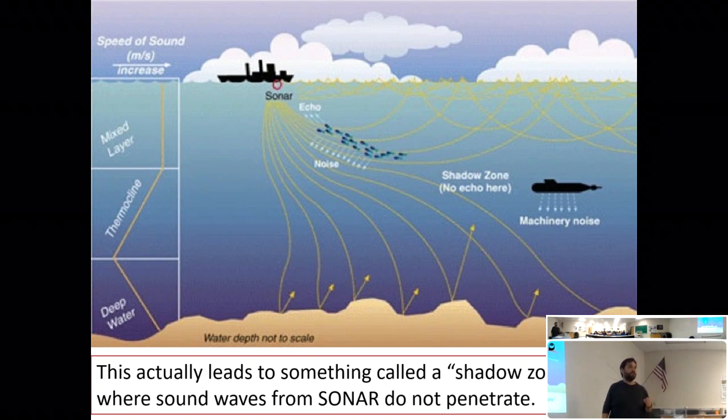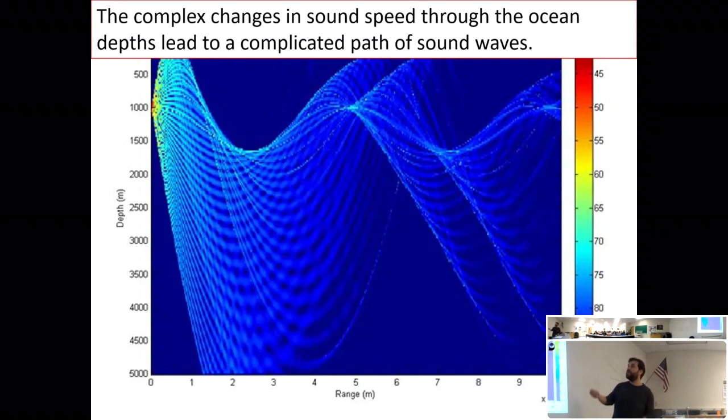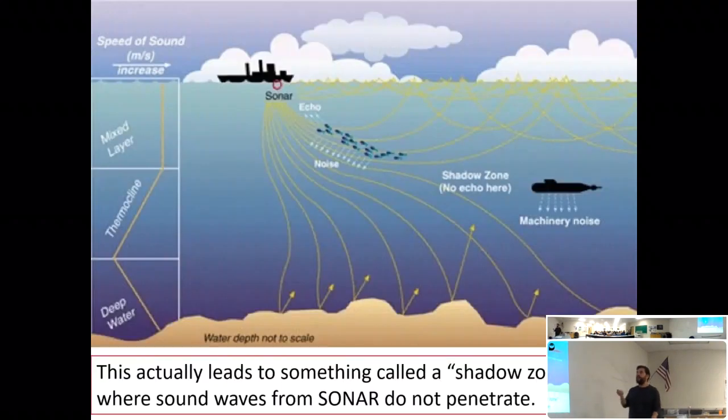And so it actually won't travel that far. So if you want to make sure that a sound wave or a sonar goes as far as possible, it has to be at about 500 to 1,000 meters depth. And that's the SOFAR channel. So like I said, if you have sonar that's being emitted from the surface from a ship, there'll actually be a shadow zone where the waves are refracted away.